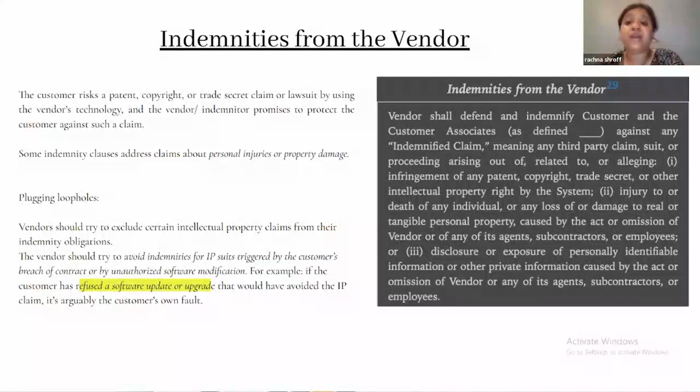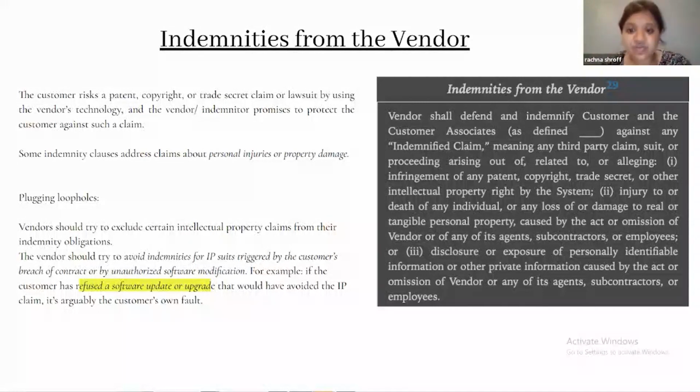See, it says the vendor shall defend and indemnify the customer and the customer associates against any indemnified claim, meaning any third-party claim, suit, or proceeding arising out of, related to, or alleging what? One, infringement of any patent, copyright, trade secret, or other IPR by the system.